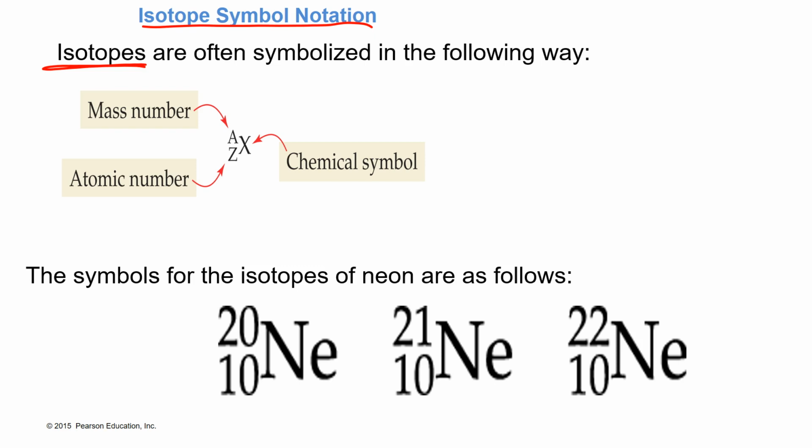Now, I can write isotope notation like this and tell you that this is neon 20, this is neon 21, this is neon 22. Or you might see it written instead as neon hyphen 20.